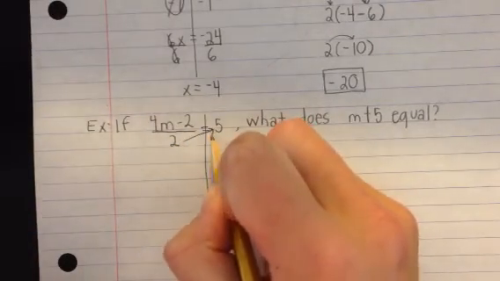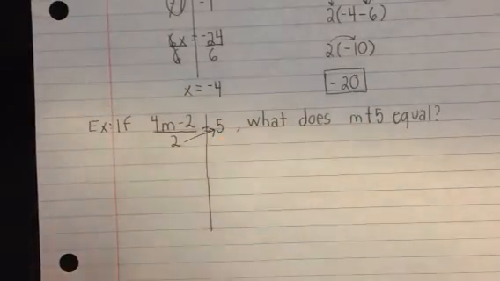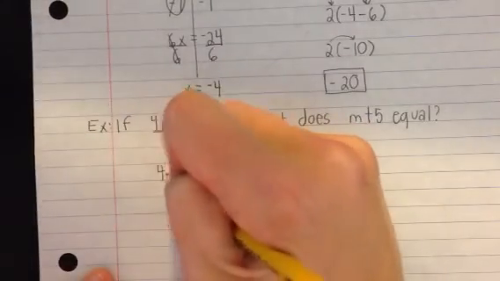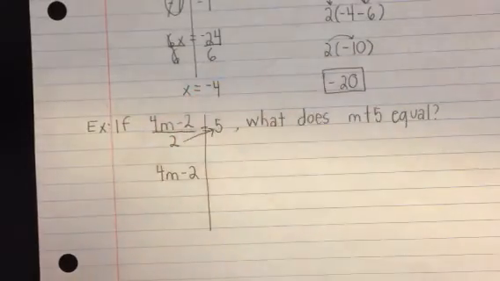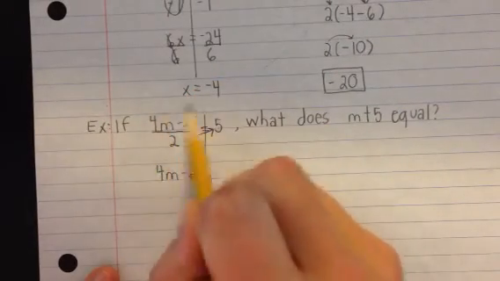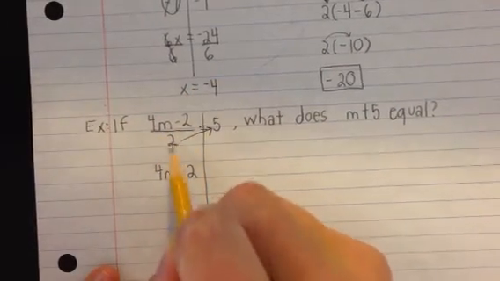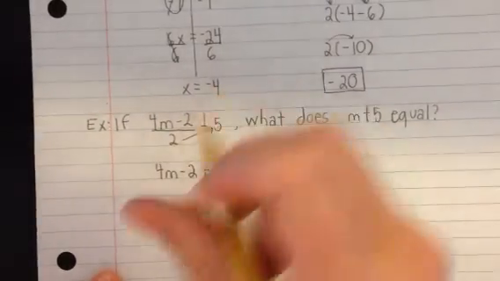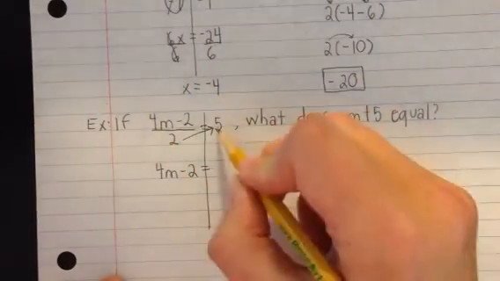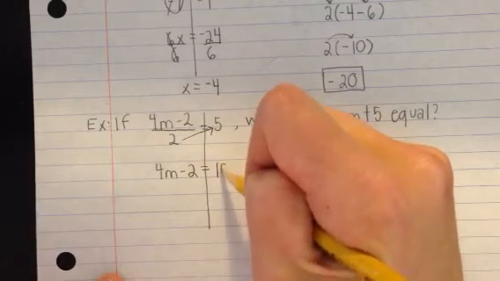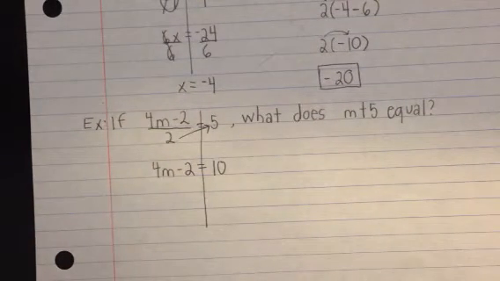So I'm going to just multiply both sides by 2. That 2 goes to the right. So we would have 4m minus 2, because if I multiply this side by 2, it would cancel with that 2. And if I multiply this side by 2, I need to multiply the other side by 2, and 5 times 2 is 10.